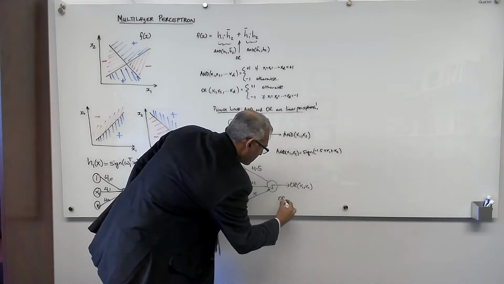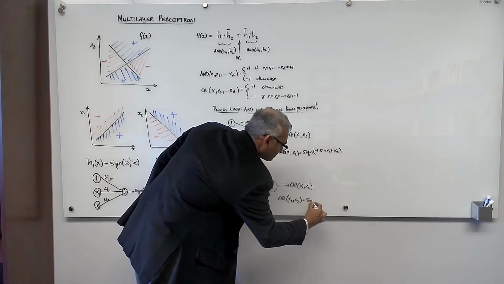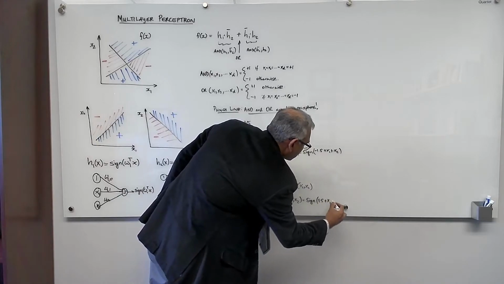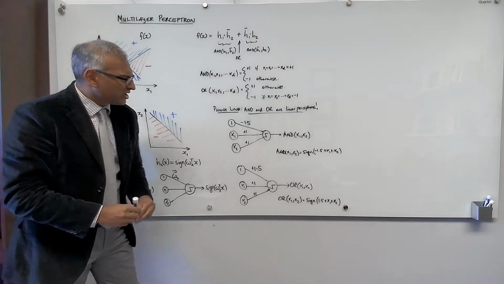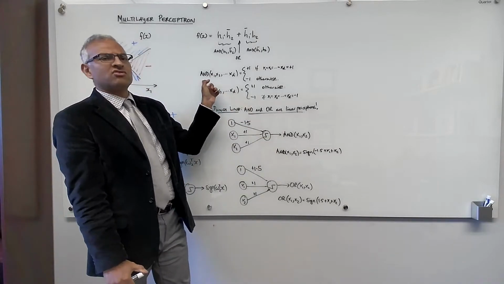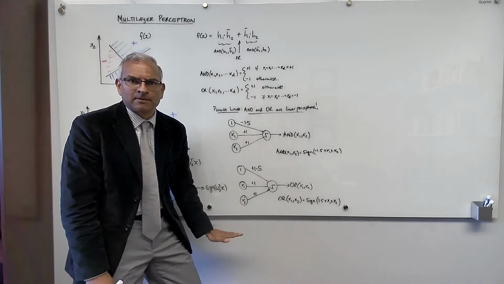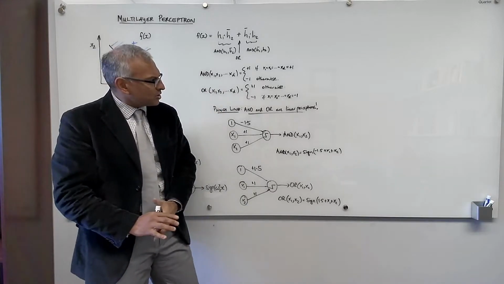And OR of x1 and x2 is equal to the sign of 1.5 plus x1 plus x2. Now you should easily be able to convince yourself that we can represent the general AND and OR of D inputs using a perceptron. So at least we see that AND and OR are perceptrons.